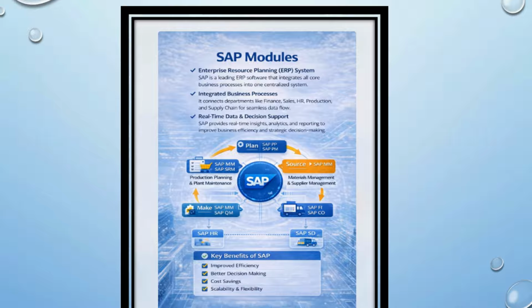SAP has modules: SAP production planning and SAP plant maintenance; materials management, which is the sourcing; then recording in SAP FICO; then sales and distribution, the selling of goods; then HR, people management; and with the help of that, SAP materials management and SAP quality management.